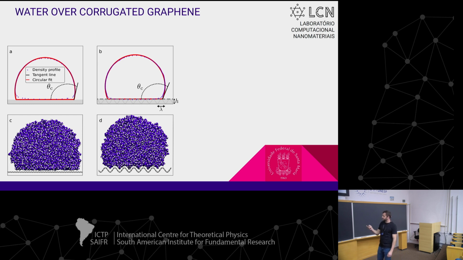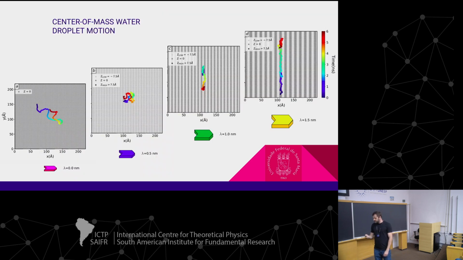Okay, we could find this. We could fit the density profile of the droplet along the whole simulation, so now we are able to find the contact angle. It means that when the droplet walks over the graphene, of course, I only show you the good results, and these are for hydrophobic results.